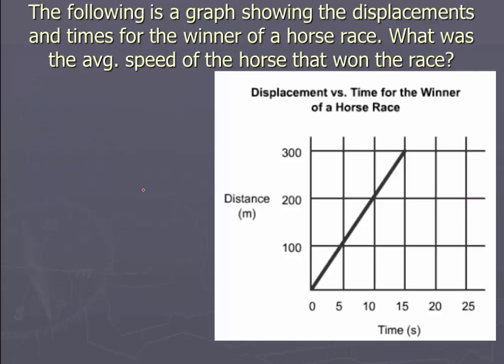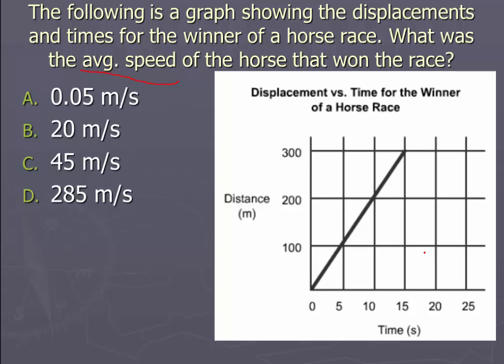Okay, so the following is a graph showing the displacement and times for a winner of a horse race. What was the average speed of the horse that won the race? So we were looking for average speed. So if you look here, nice even one, we can do 15 seconds, 300 meters.